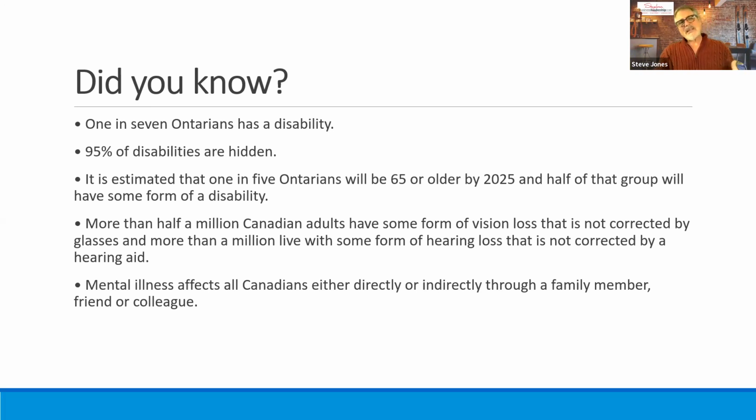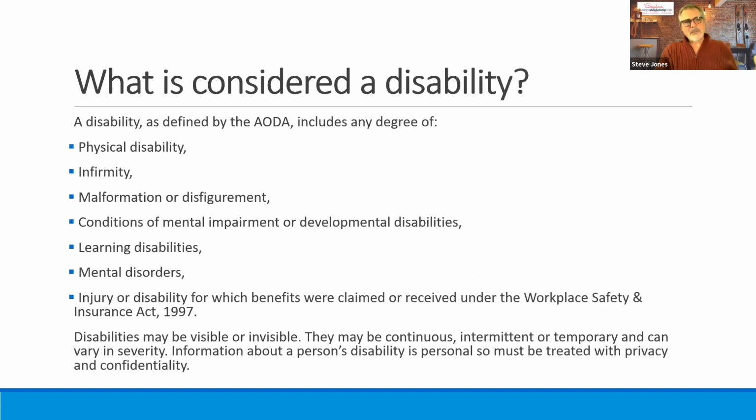And I think that legislation like employment equity, human rights legislation, the Charter of Rights and Freedoms, and the Accessibility for Ontarians with Disabilities Act are all intended to help us move in the right direction, not dig ourselves in the wrong place.